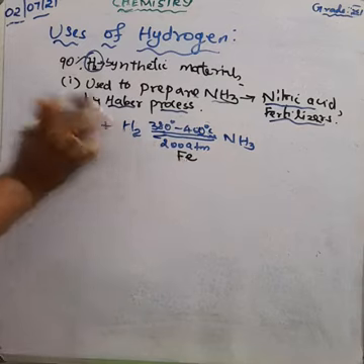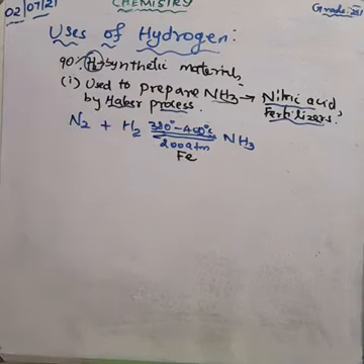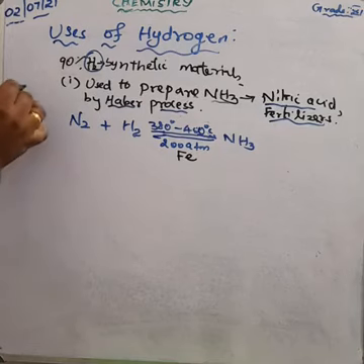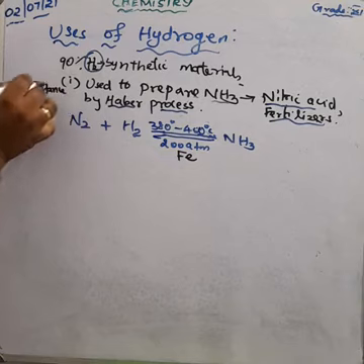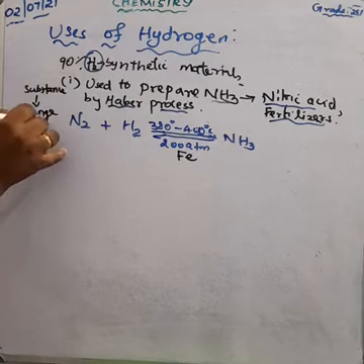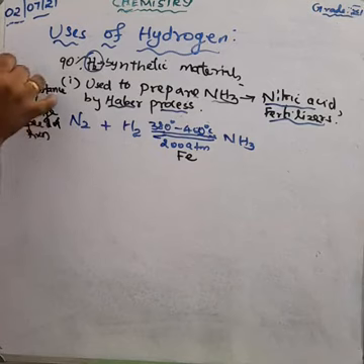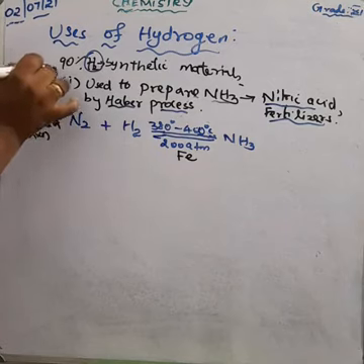What do you mean by catalyst? A catalyst is a substance used to alter the speed of a reaction. Maybe it increases the speed, maybe it decreases the speed. That is called a catalyst. Here, to increase the speed of preparation of ammonia by the Haber process, iron is used as the catalyst.